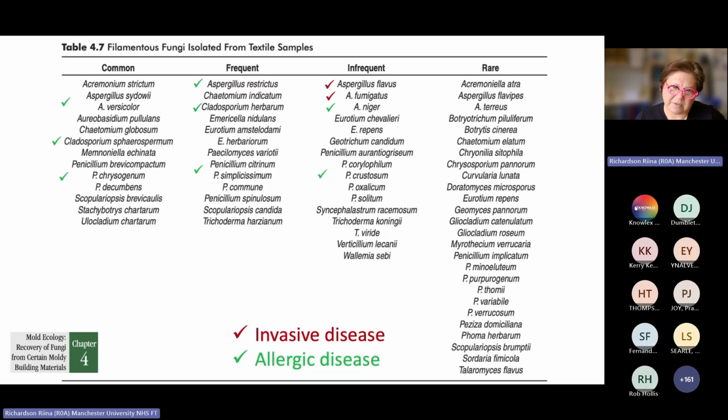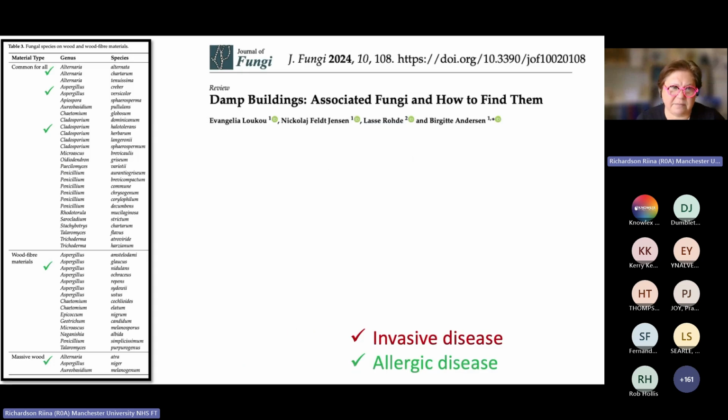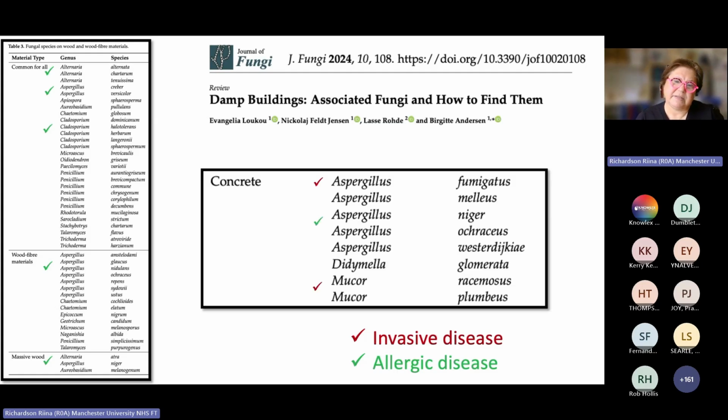So actually, what we worry about is the Aspergillus, and Aspergillus the most important because it causes both allergic and invasive disease. It's not that common in building environments. There are other papers listing different materials, but interesting also that concrete, where you think why would anything grow on concrete? Surely they're not chewing away the cement or the sand.